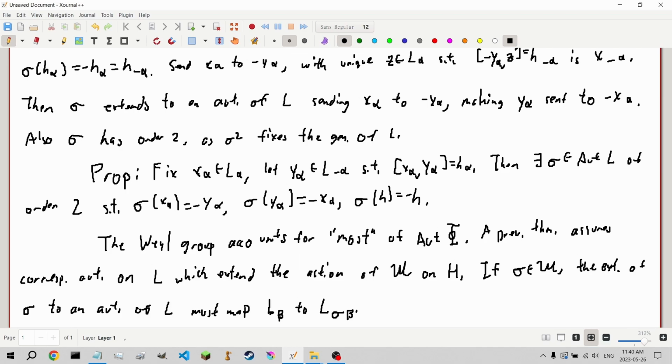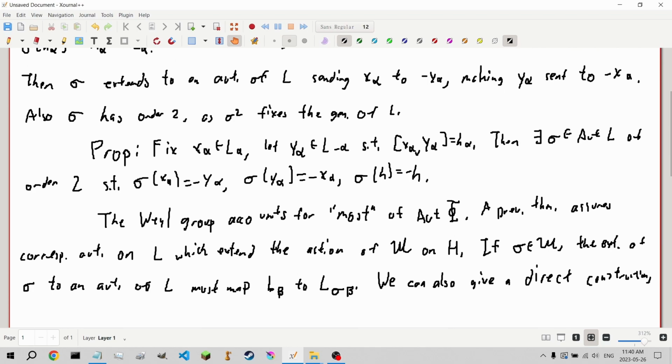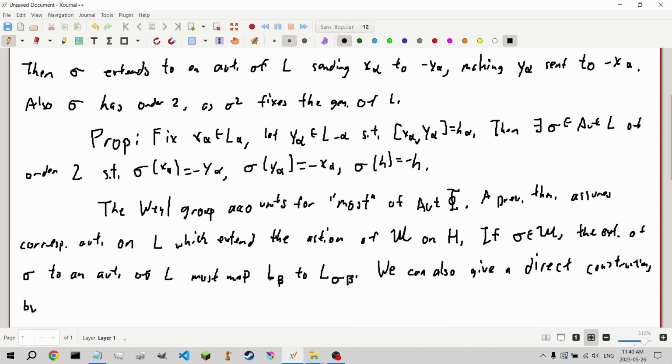You can also give a direct construction of such an automorphism by our previous discussion, which I think we closed off last video with.